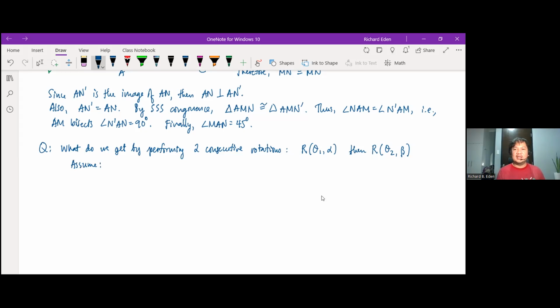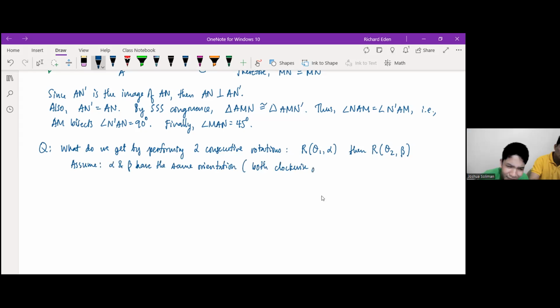Assume alpha and beta have the same orientation, so either both clockwise or both counterclockwise.